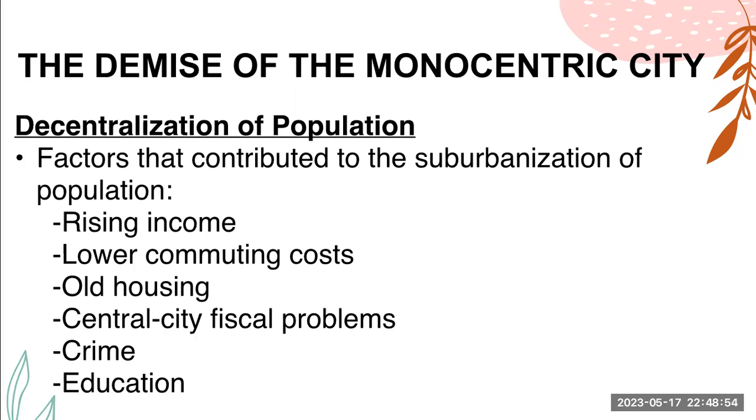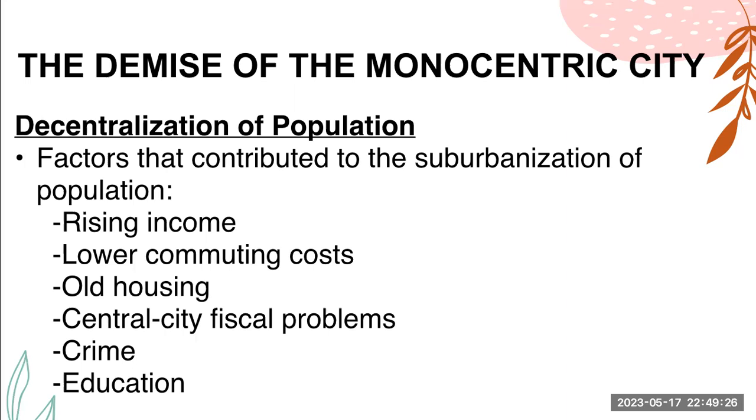Another factor is old housing. The deterioration of central city housing encourages households to go to the suburbs, where most of the houses are newer than those in the central business district. Another reason is central city fiscal problems. Many central cities have relatively high taxes, encouraging households to move to low tax suburbs.